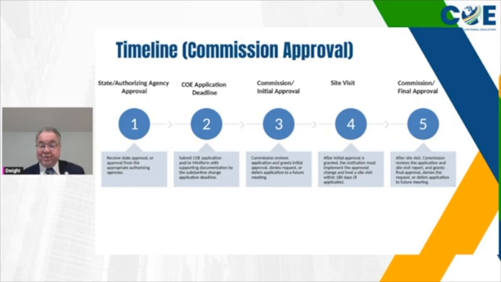Then a site visit will be conducted if needed, and it will be done within 180 days of the initial approval. After the site visit is completed, the commission will review the application and site visit report and will grant final approval, deny the request, or defer the application for a future meeting.